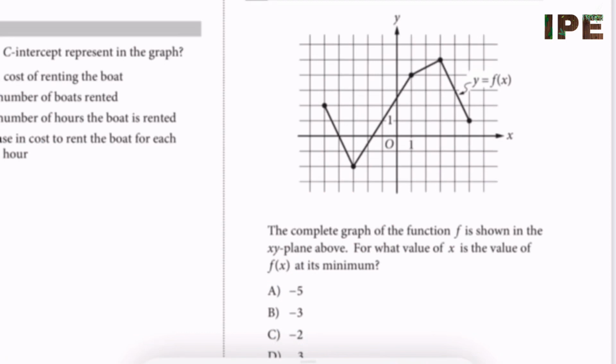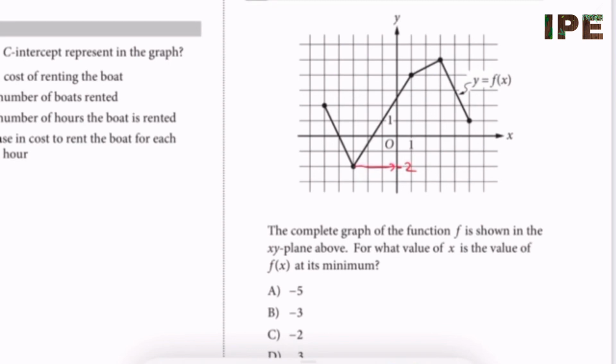The complete graph of the function f is shown in the xy plane above. For what value of x is the value of f(x) at its minimum? Minimum is the lowest point, the lowest y value. So maximum value means what? Highest point y value. So what is the lowest y value? Over here, right? Negative 1, negative 2.